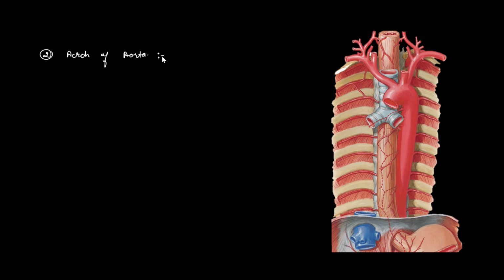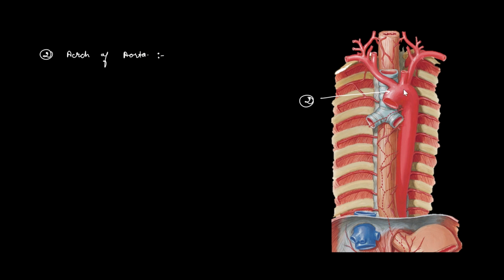Okay, so in this given picture it is clearly visible that the first part we studied before is not given here. The second part is given here, which is the arch of aorta. As we studied before, the ascending aorta at the level of the right second rib cartilage gets transformed into the arch of aorta.